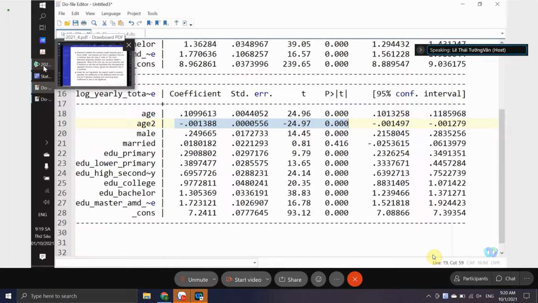Basically, the age variable represents other variables that we cannot measure. It's mainly experience, and it might also be other demographic characteristics. The older you get, the more likely that you get married.